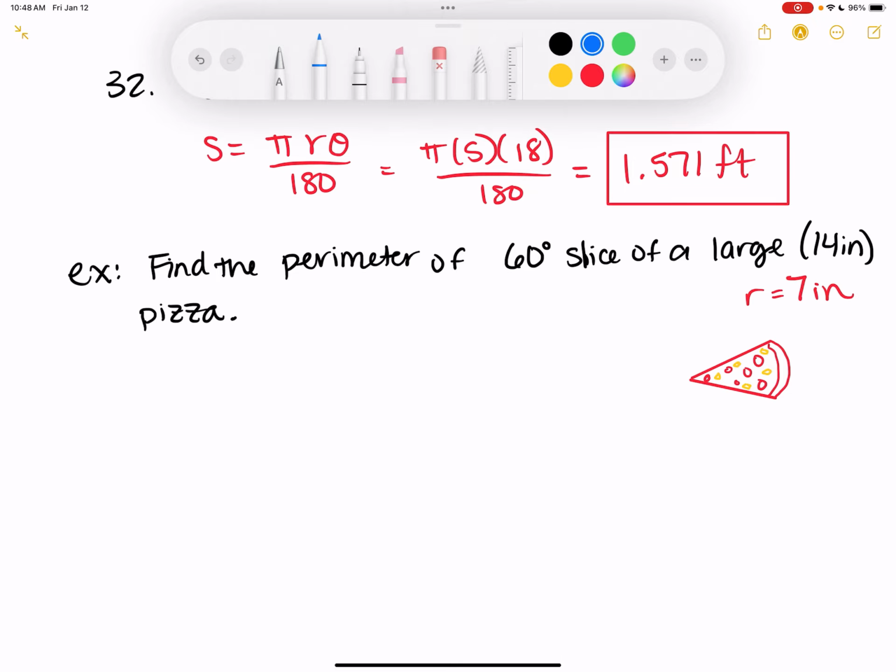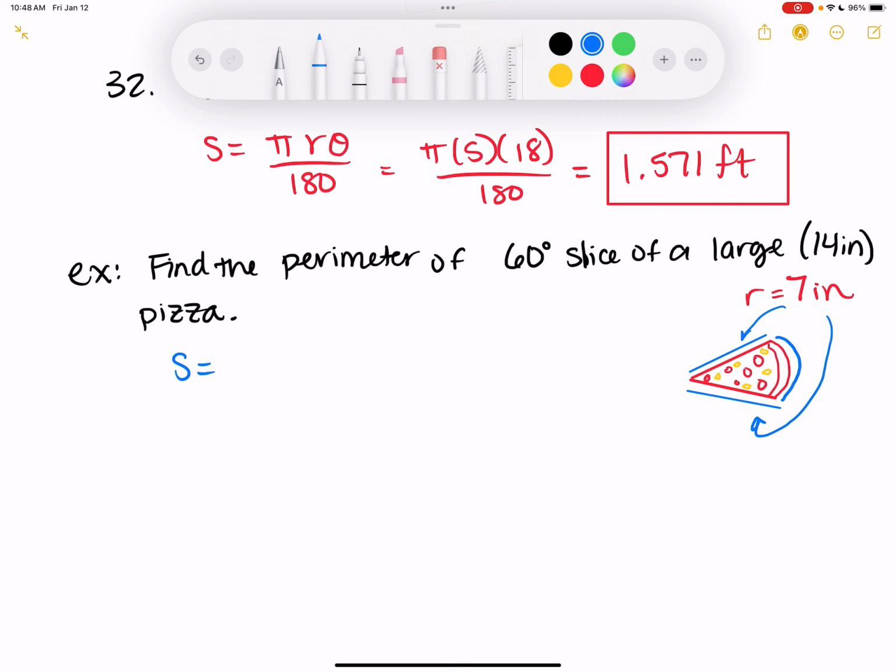All right, so we're trying to find the perimeter of the slice. I drew the picture because we need to understand that the perimeter is going to be this side, and this arc here. We already know these two sides because that's the 7-inch radius part. I need to find the arc length.